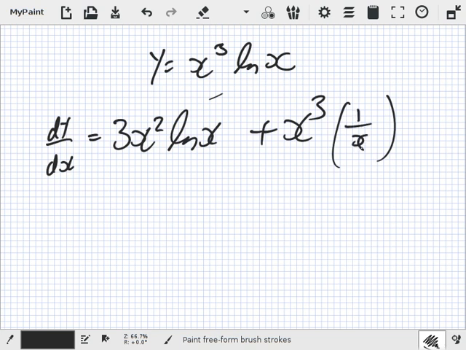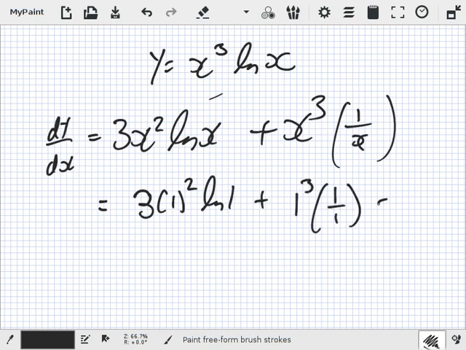Now, in this question, they tell us what x is. What's x here? It says it's 1. So this will be 3 times 1 squared times log 1 plus 1 cubed times 1 over 1, which equals 1 when you type it in. And, you know, that's not actually bad for 4 marks.